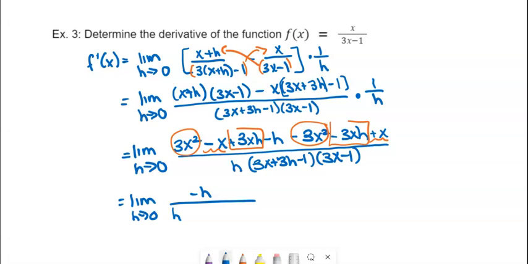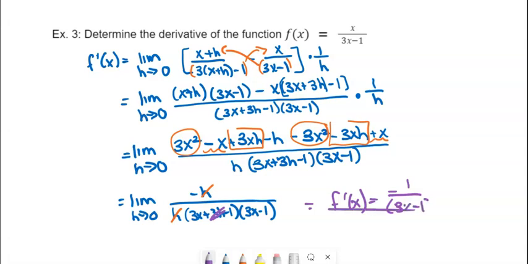And on the bottom, 3x plus 3h minus 1, 3x minus 1. And now I can cancel out those h's. So the derivative of this function, as h goes to 0, is negative 1 over (3x minus 1) squared.